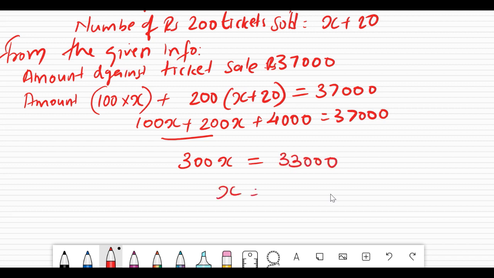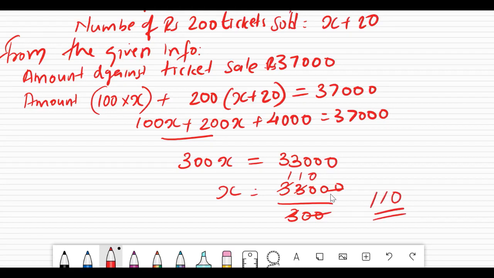X is equal to 33,000, dividing both sides by 300, our old method. It becomes 110.